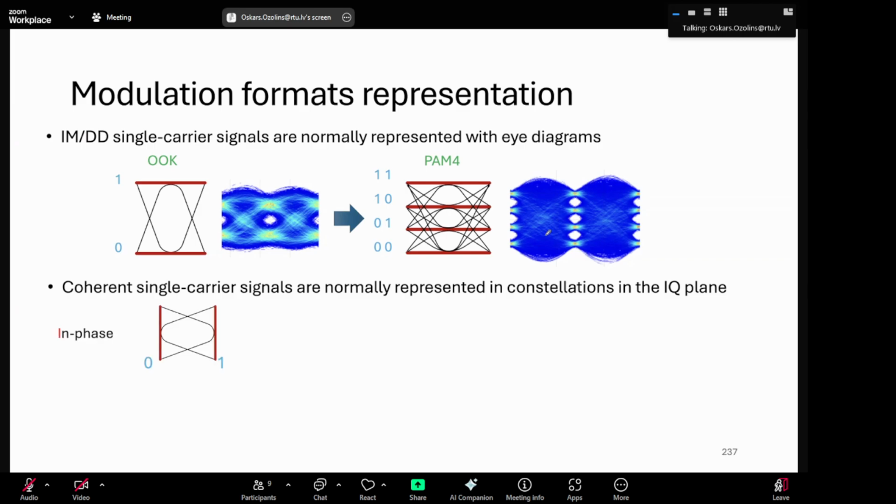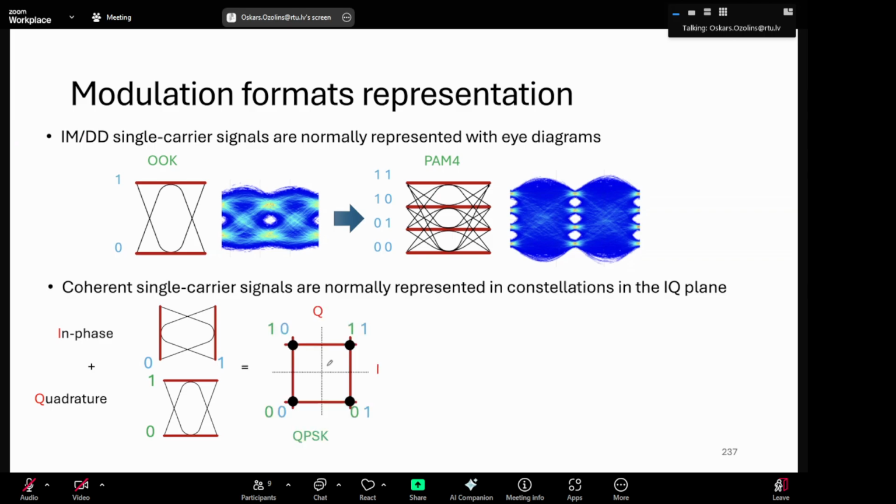You have in-phase, which looks like this, or rotated by 90 degrees, the eye diagram. And then there's quadrature, which is the same as here. Those two are combined together. Here you have transitions between the symbols, and now you have 4 symbols but 8 bits. So with this representation, you have already achieved twice the capacity for the same bandwidth.